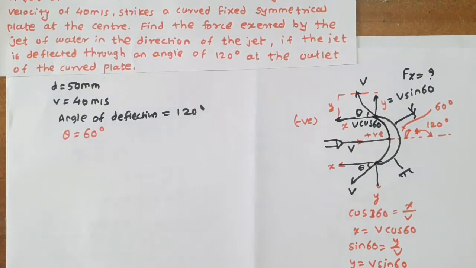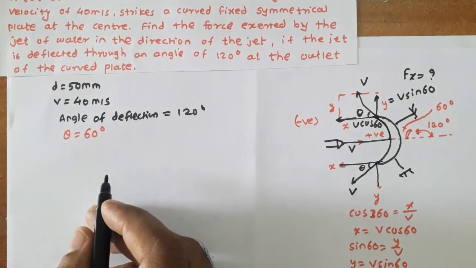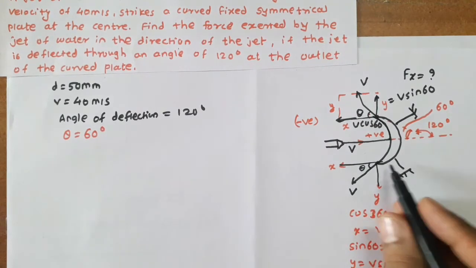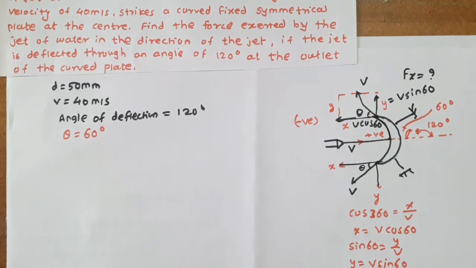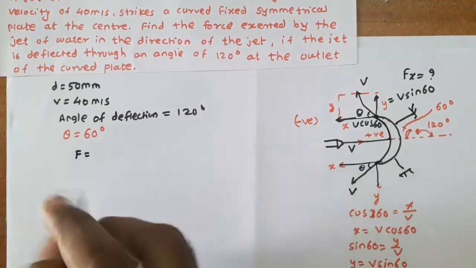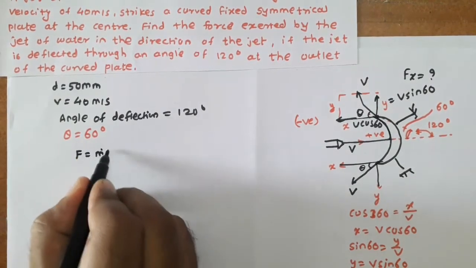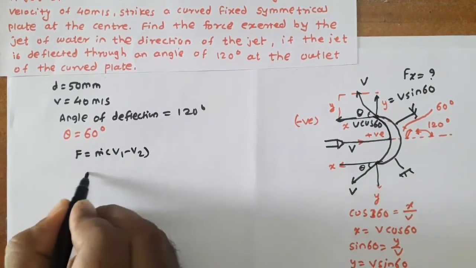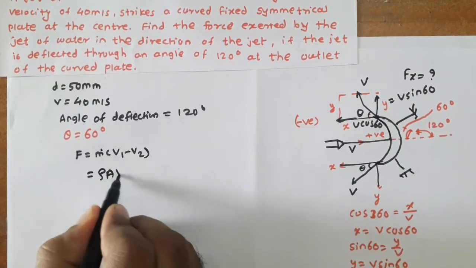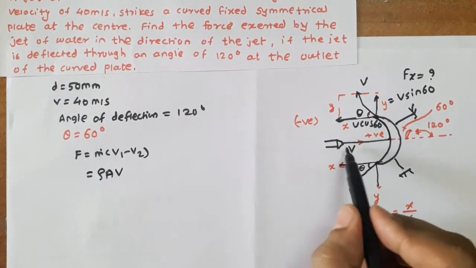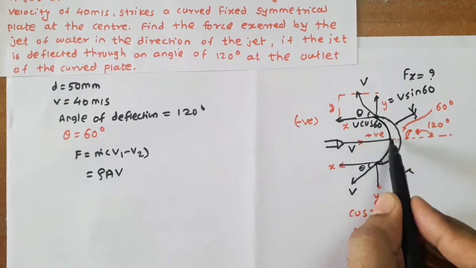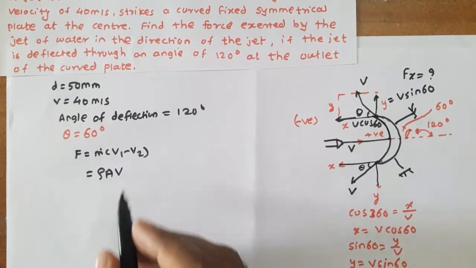So friends, by using the impulse momentum equation, we can find the expression for a curved fixed plate. From Newton's impulse momentum equation, F is equal to m dot times (v1 minus v2). The m dot quantity is rho a v, because the plate is fixed. Water coming from the jet will strike on the curved plate, rho a v.